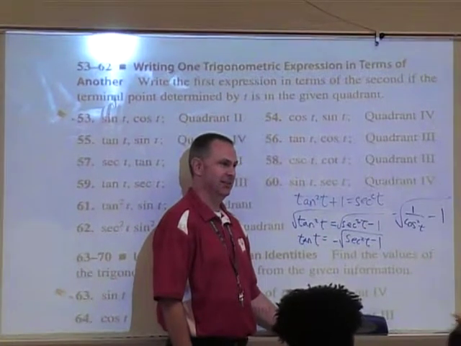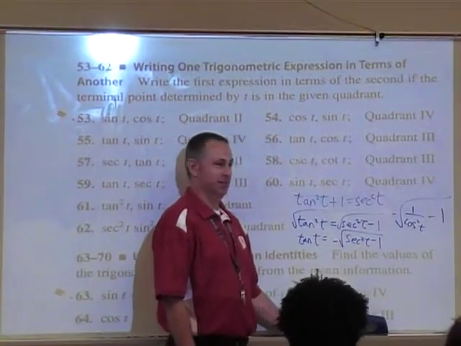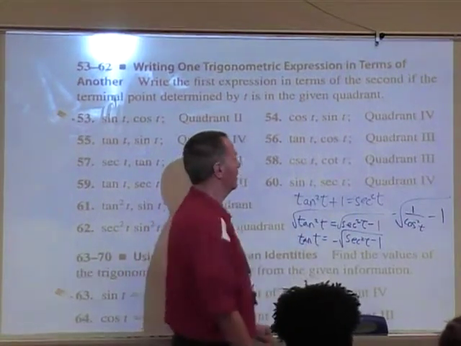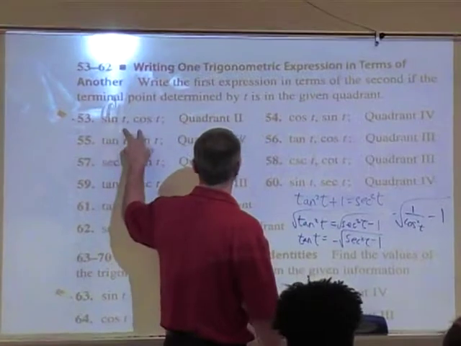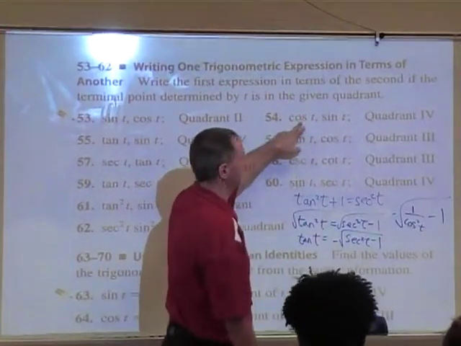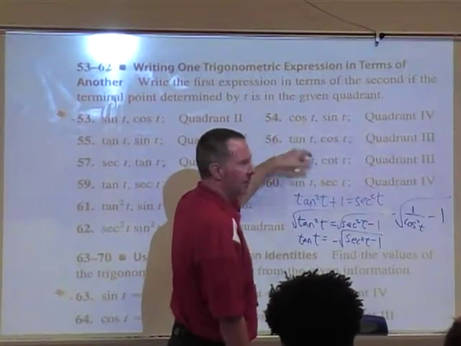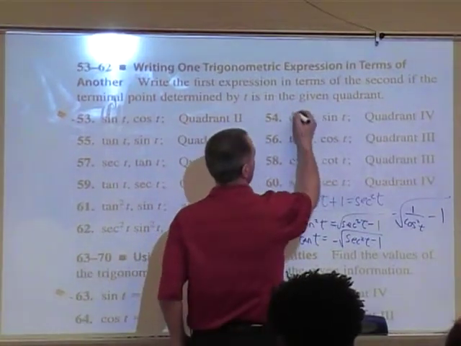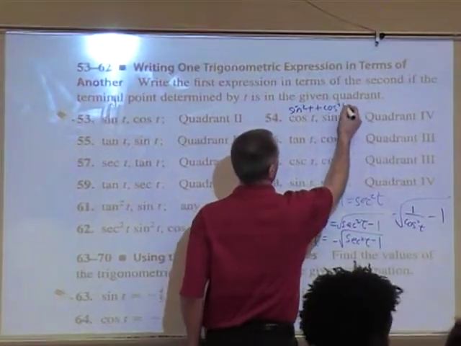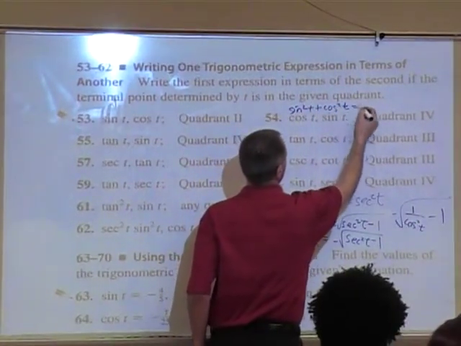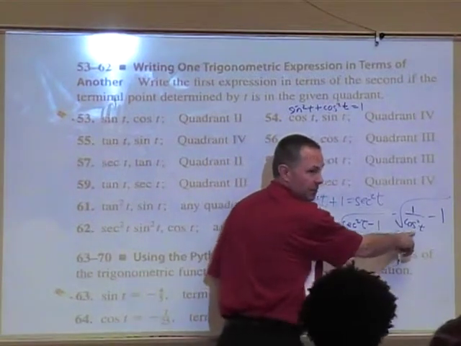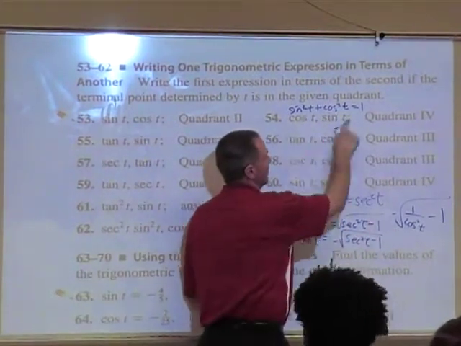So now what do you know? How can I get sine back in here from cosine? And that's what we were doing here, and what you were doing if you were to do 54. So if you have sine squared plus cosine squared, and I want to substitute cosine squared with something with sine, I need to move the sine over here.